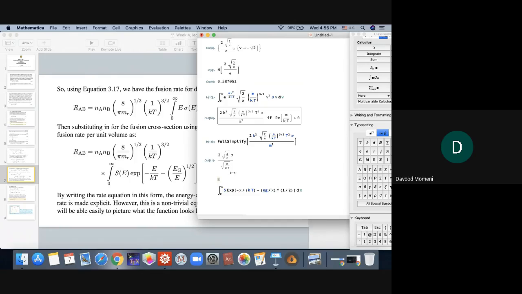I can mention here that X means energy, and E_G means the Gamow energy. Okay. Let's see how the integral goes. It is possible to calculate the integral, but I think the integral will be very complicated.